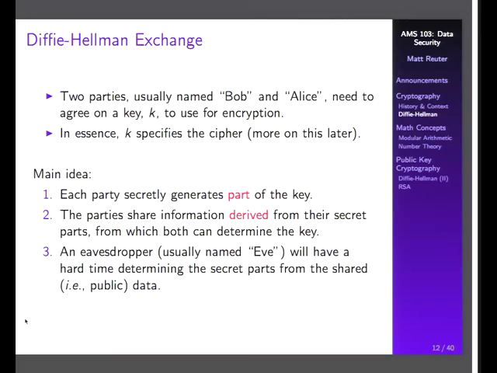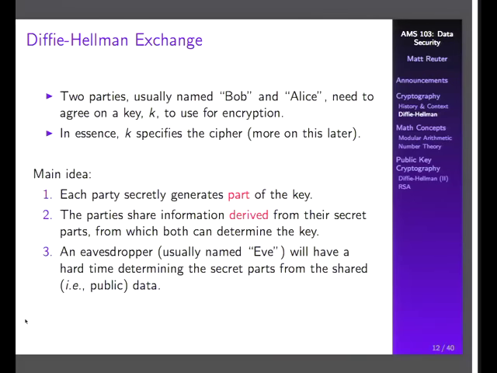That's what they're going to call a public key. It's public because they're willing to share it. They will then trade these public parts. Bob will send his public part to Alice, Alice will send her public part to Bob, and using the other person's public part and the part of the key that they generated, they're able to agree on the same value of K, the same total key.